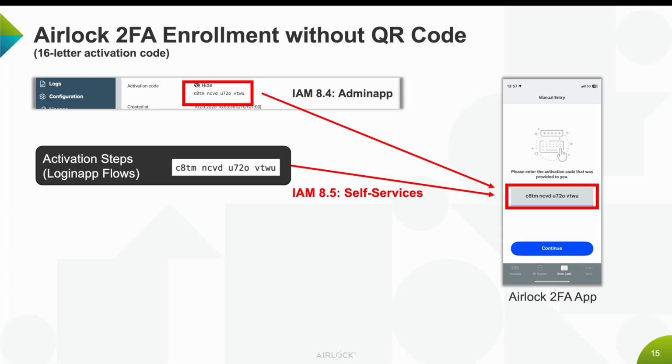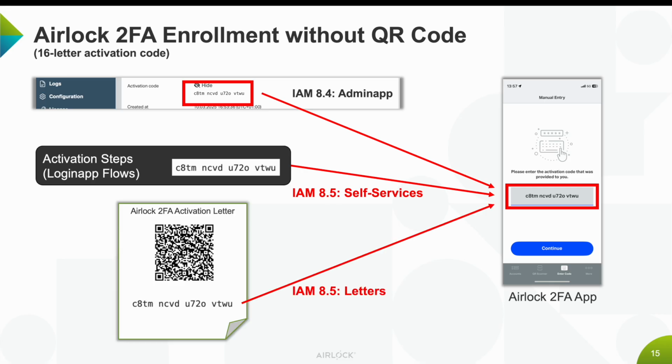And you can also use the 16-digit activation code instead of the QR code there. Additionally, it is also now possible to print the 16-digit activation code on the activation letters. Just select the corresponding variable in your Word template and it will be printed on the letter.